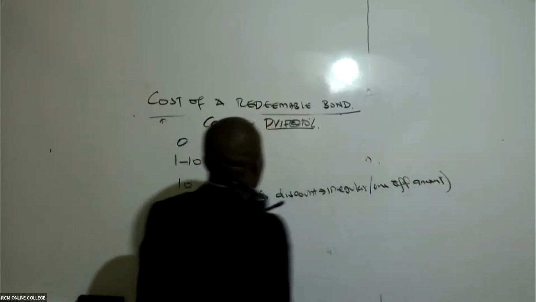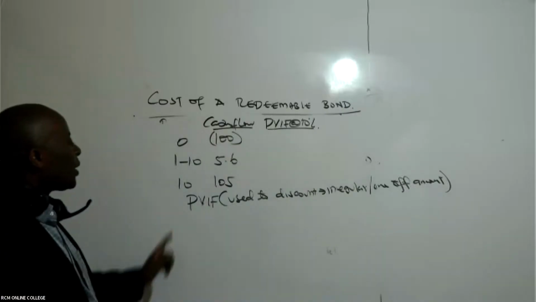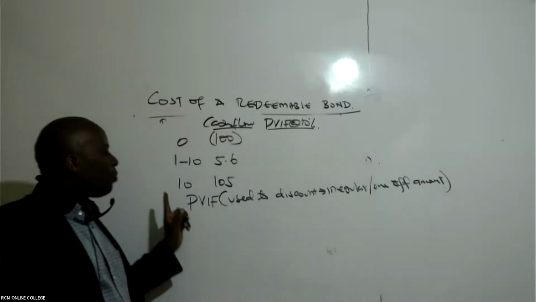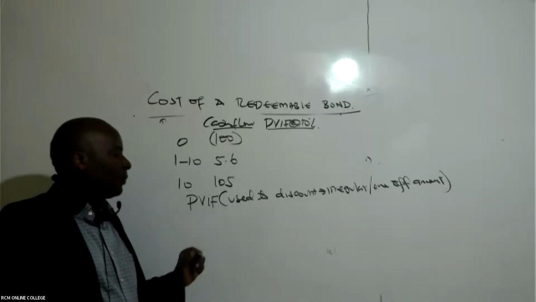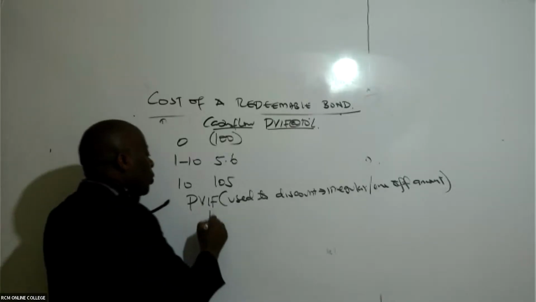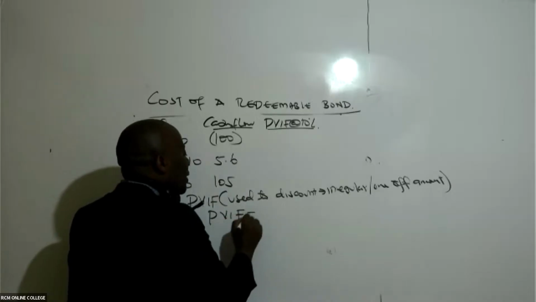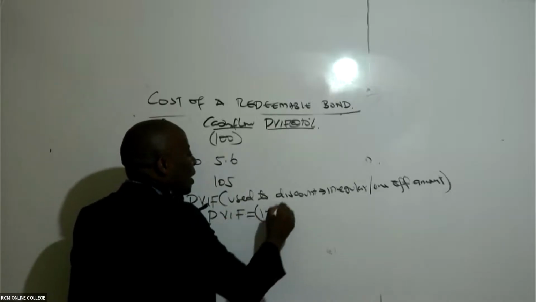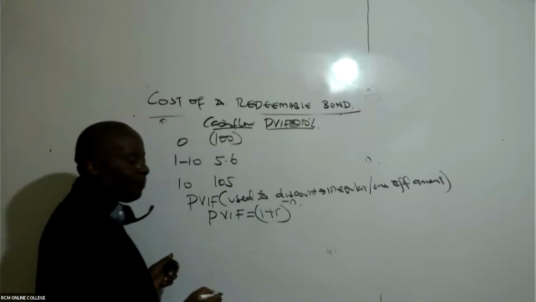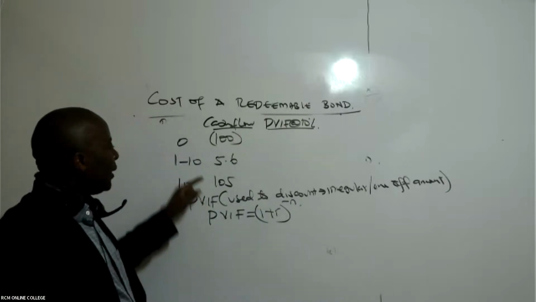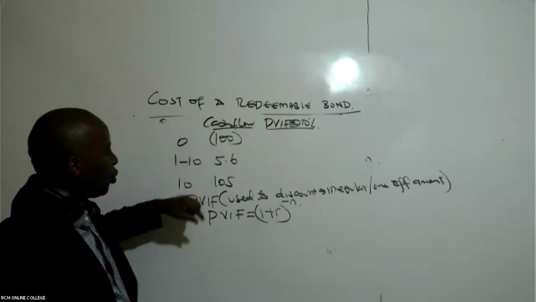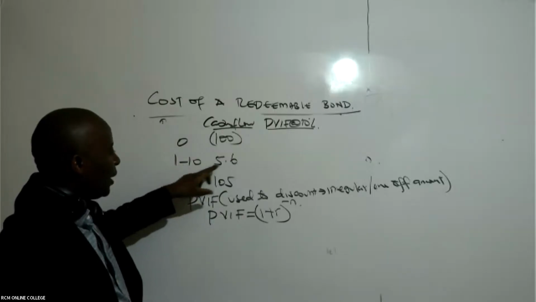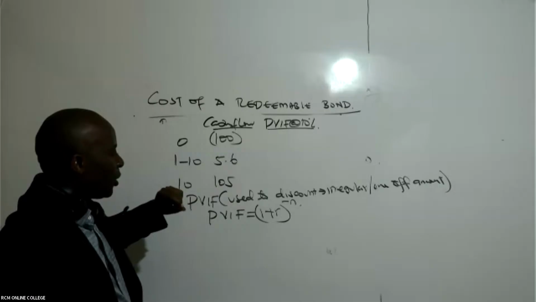PVIF, for the very new students into this subject, stands for present value interest factor. To get this PVIF, we use 1 plus R raised to negative N. And there are 2 lump sum amounts, this one and this one. These are series, many, 5.6 every year for 10 years.